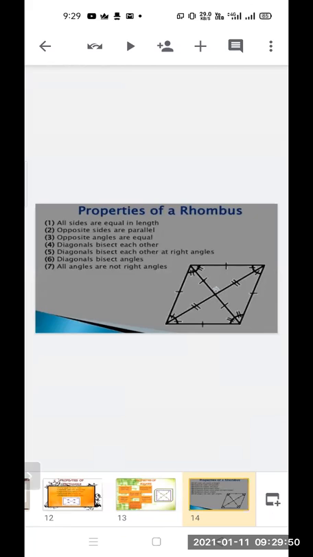Also opposite angles of a rhombus are congruent. Also the diagonals of a rhombus are perpendicular bisectors of each other. Diagonals bisect each other at right angles. Diagonals bisect the angles, and all angles are not right angles. Here opposite angles are congruent, so it is not necessary that all the angles should be right angles.